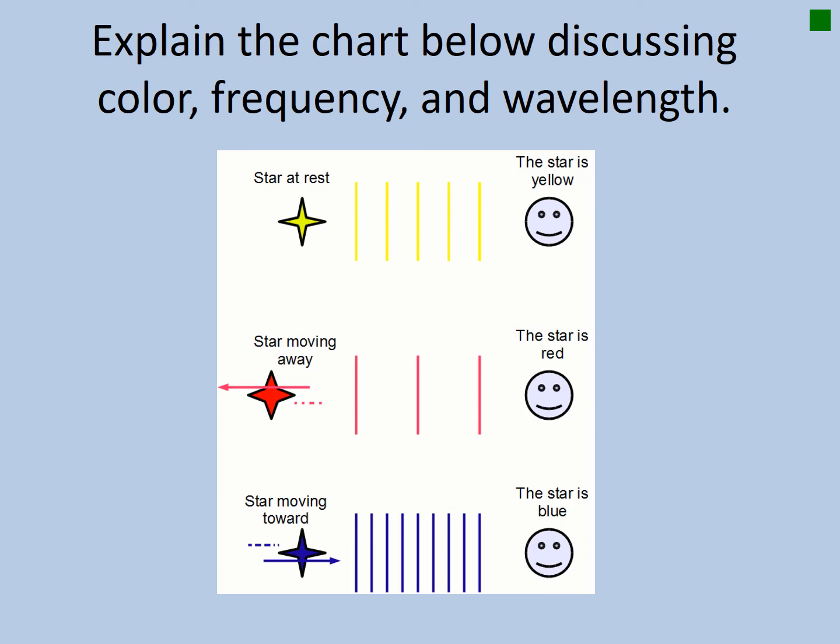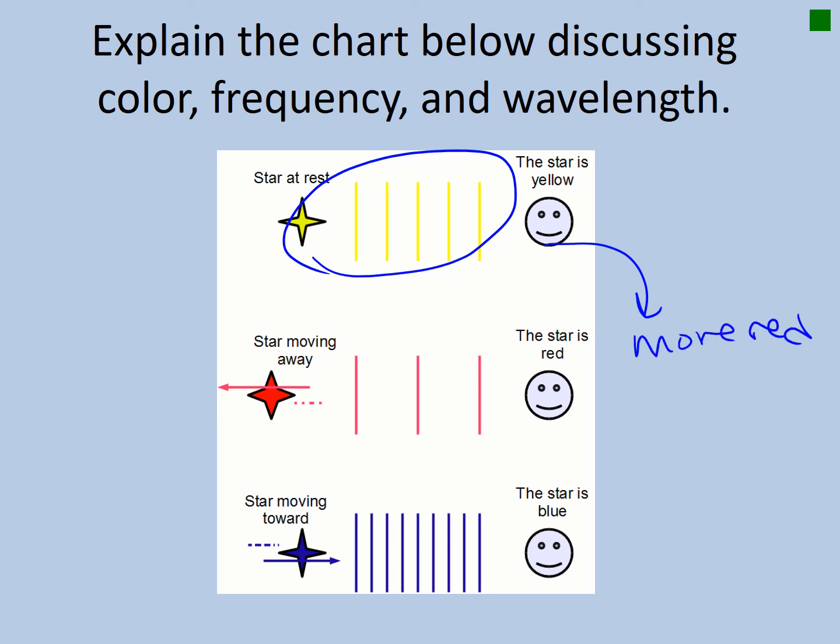Once again, let's try to explain this chart. As far as the color, frequency, and wavelength, they really won't be red or blue, but it helps to emphasize that red or blue shift. If this is normal, what happens when you go down and it's moving away from you is your color becomes more red. It doesn't become a reddish color, it just shifts towards the ROY part of the color spectrum.